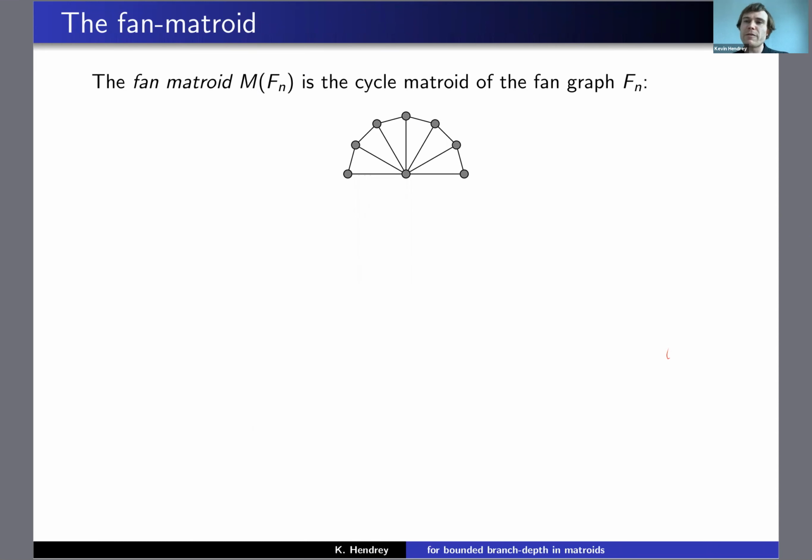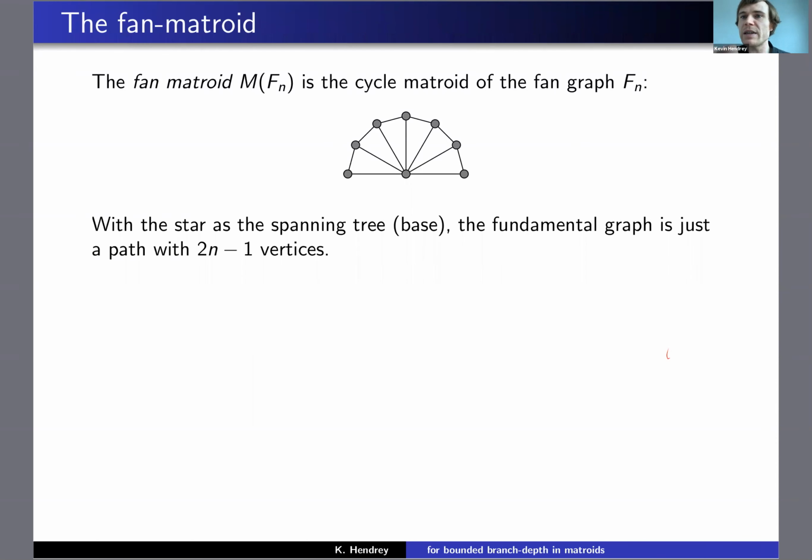What if we start with a graph? This is the fan graph. It just consists of a path plus one dominant vertex. If we take the spanning tree as the base of this graph, a star, remember the base of a graphic matroid for a connected graph is always a spanning tree.